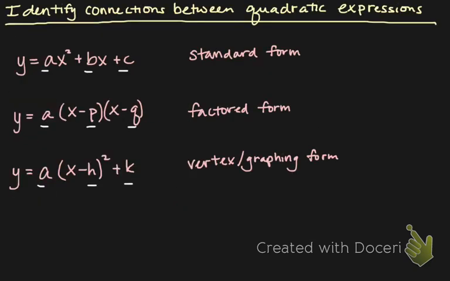So going back to the first slide, our standard form of the equation will tell us our y-intercept value. And the y-intercept value is going to be our c, our constant term. Our factored form is going to tell us the x-intercepts. And we find the x-intercepts by using that zero product property.